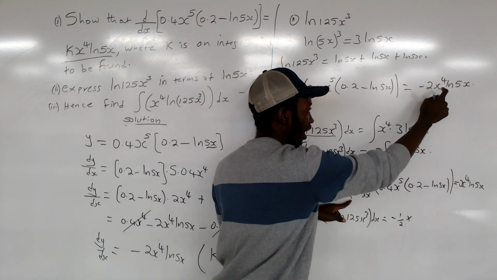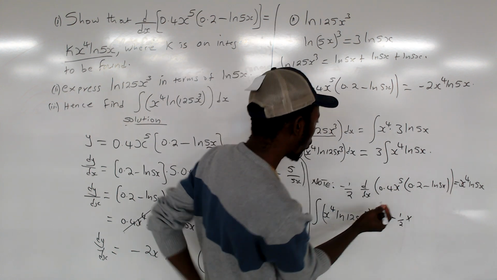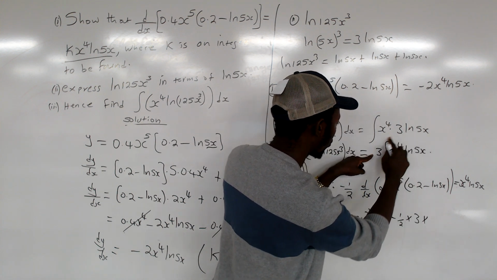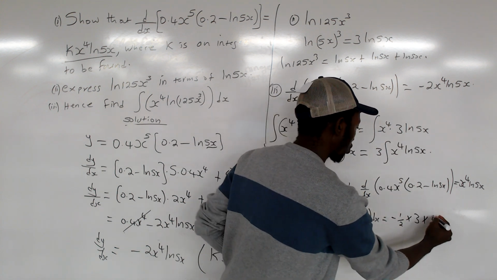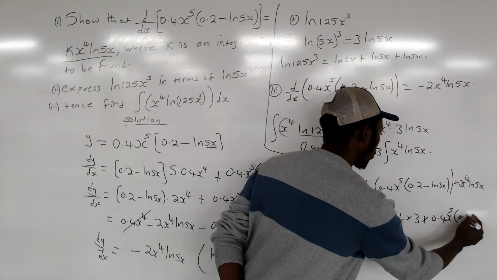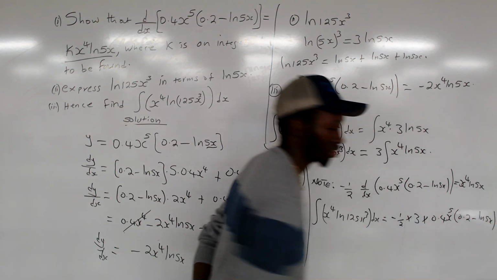So this value, which is 0.4, but let's forget we have 3 here, times the integral of this whole value is this, times 0.4 x to the power 5 into 0.2 minus ln 5x. Since we are integrating, we're going to add a constant c.